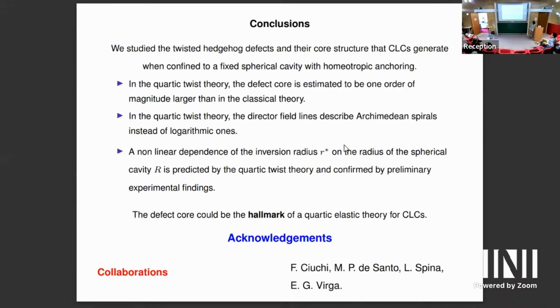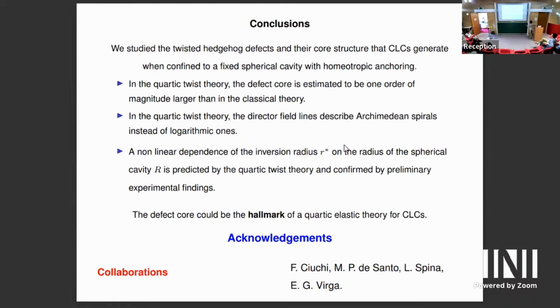And then to sum up, we studied the twisted hedgehog defects and their core structure that chromonics generate when they are confined in these spherical cavities with homeotropic boundary conditions, and 3 features are in stark contrast as predicted by both theories. 2 are qualitative and 1 is quantitative.